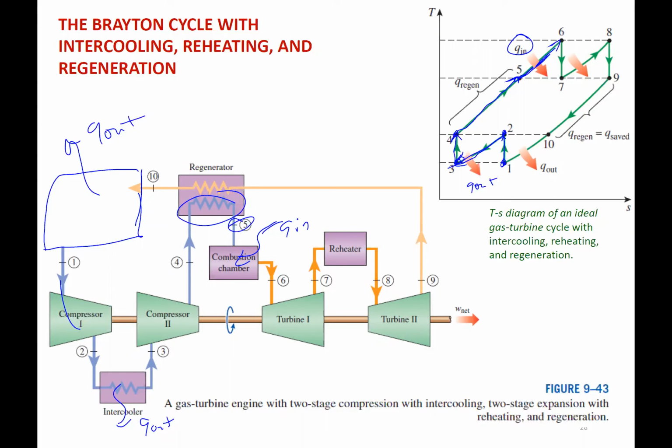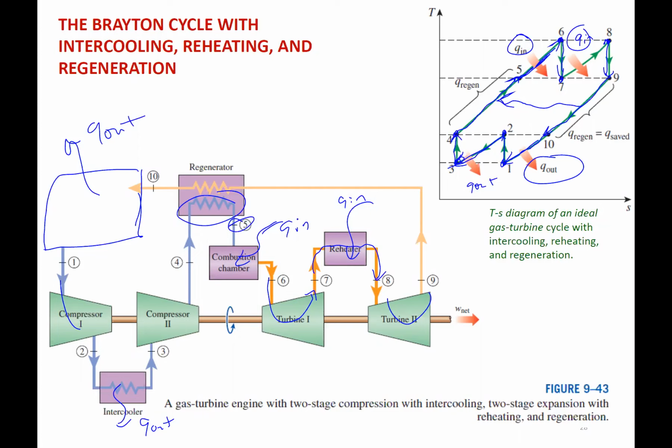Now at 6, we isentropically expand to 7 through the turbine. We have a reheater that takes us from 7 to 8, so we have some new heat in. And then we expand through the second turbine, isentropically to 9. Now we have a regenerator, where we're moving this thermal energy over, from 9 to 10 gets moved to 4 to 5. And then from 10, we're rejecting this heat to the atmosphere. So we have this Q out.